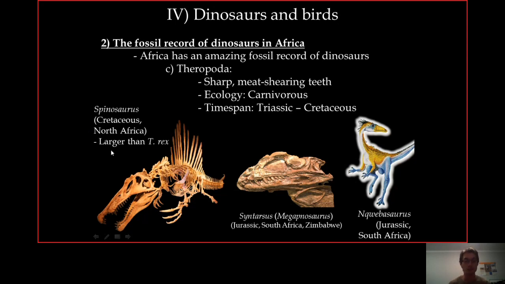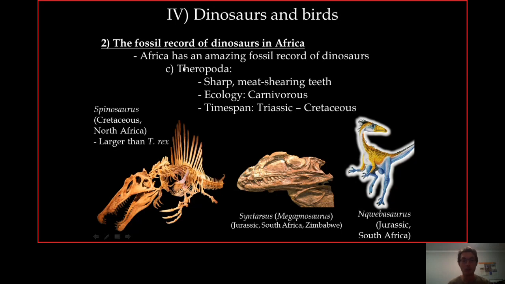So in northern Africa. And it's actually larger than its most famous cousin, the T-Rex. You can check that on the internet, Spinosaurus. It was also made famous by the Jurassic Park saga.